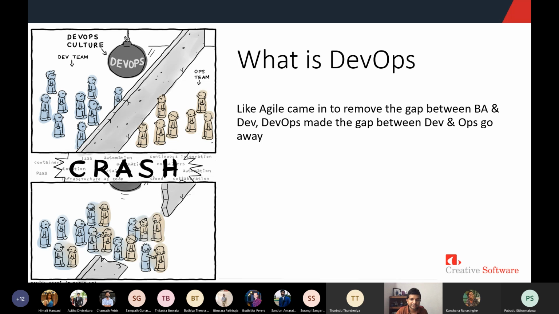Similarly, I'm pretty sure everyone must have heard the word agile. This word agile came into place to bridge the gap between business analysts and the software engineers. For example, back in the day, when people used to develop software, you get a list of features, you get the outcome, you have to develop it. You just develop it, you don't have a say in it.